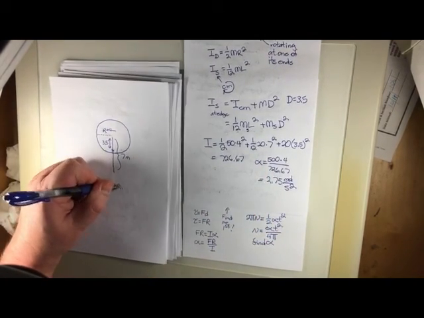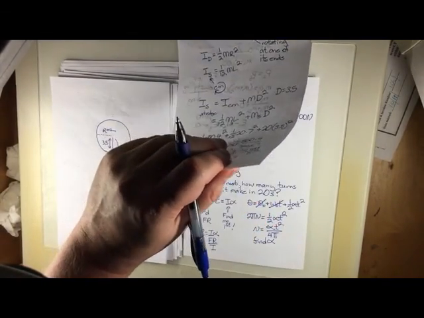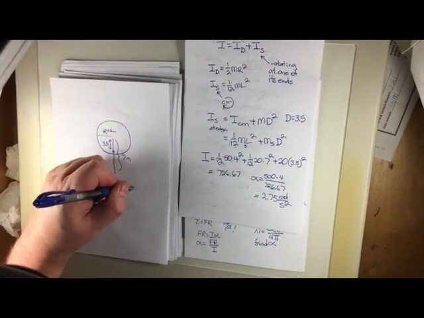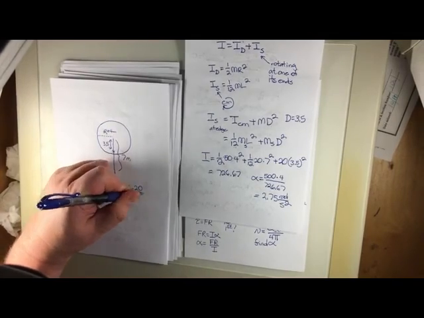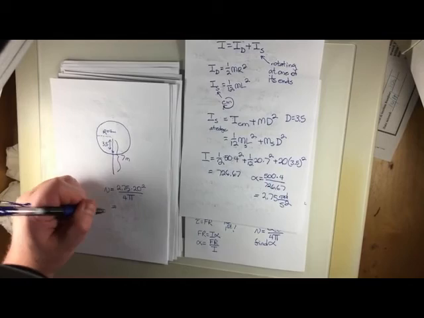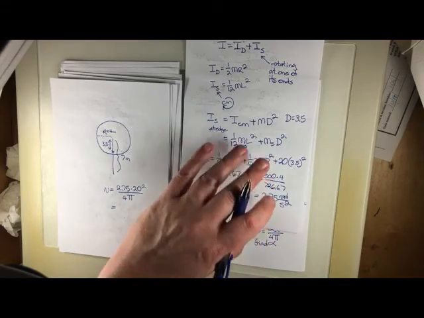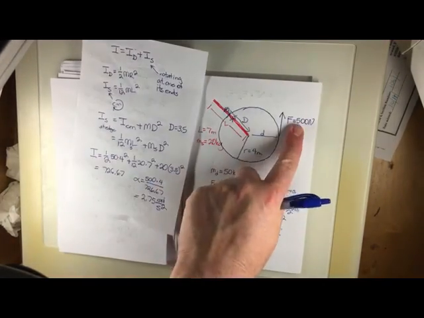n is 2.75 times t, which is 20 squared, divided by 4 pi. 500 is the force, which was listed there.